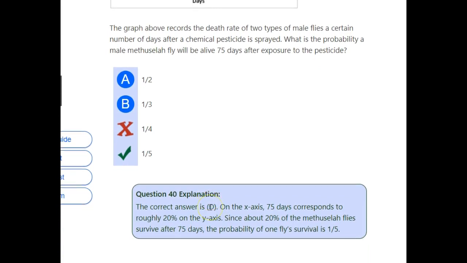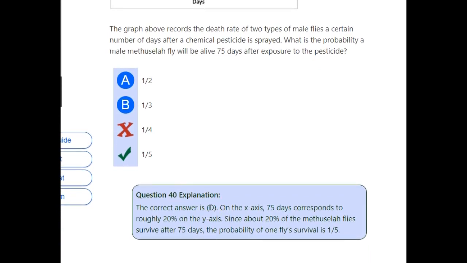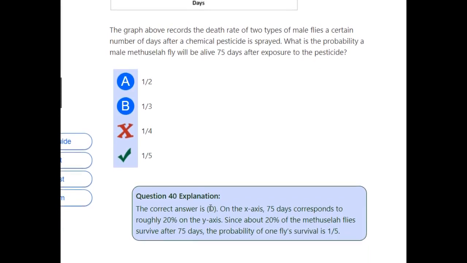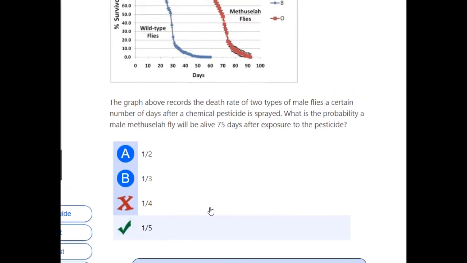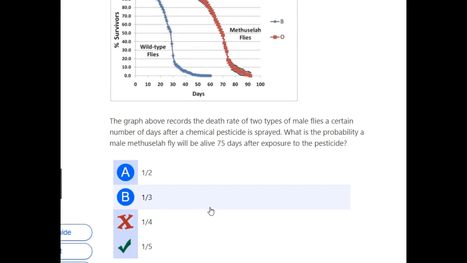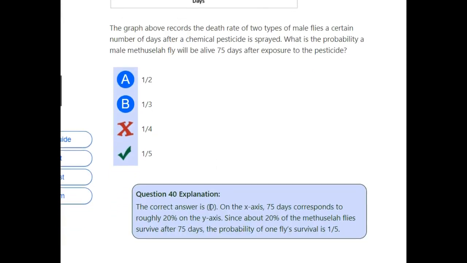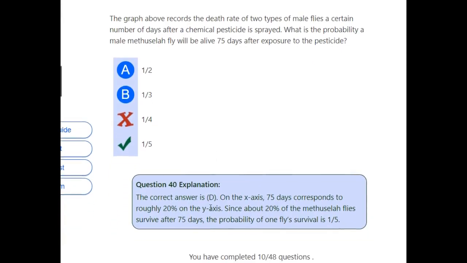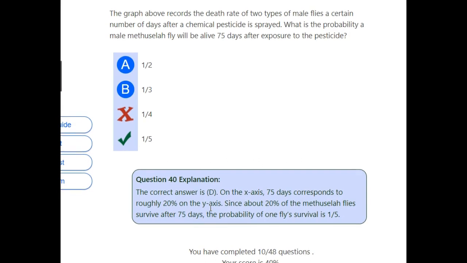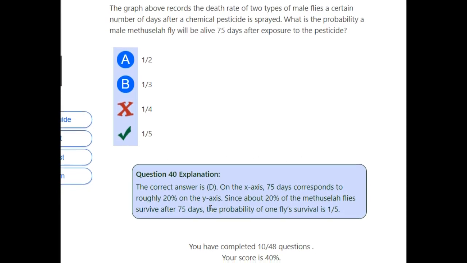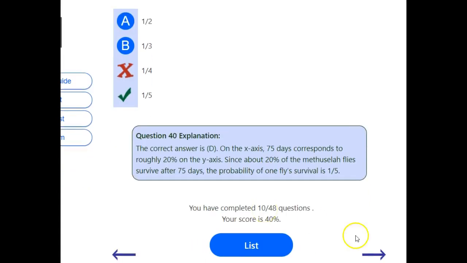The correct answer is D. On the x-axis, 75 days corresponds to roughly 20%. Since about 20% of Methuselah flies survive after 75 days, the probability of one fly surviving is 1/5.